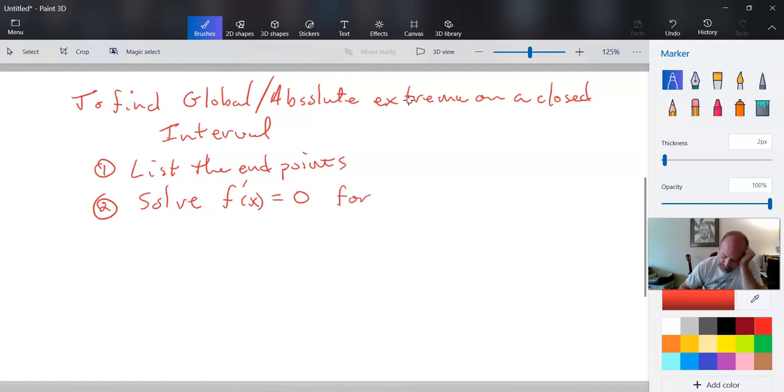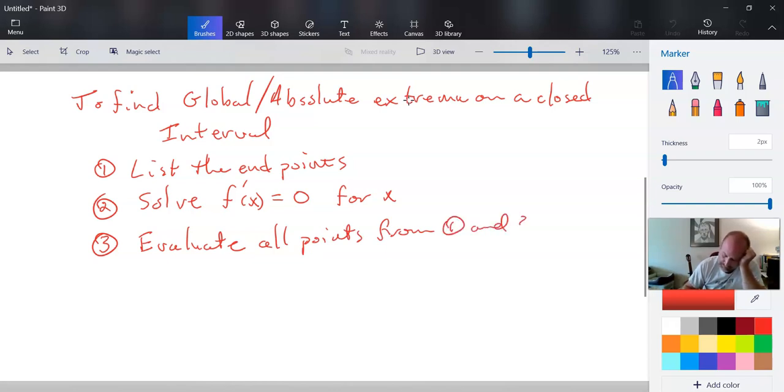And you want to solve those for x values. And then you want to evaluate all points from steps 1 and 2 and pick the biggest and smallest.